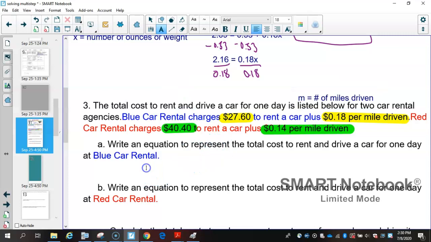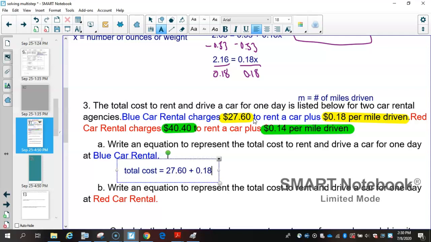So I'm going to say the total cost equals, now for blue, we know they charge $27.60 to rent the car, plus, so we can already say that's an addition, 18 cents per mile driven.